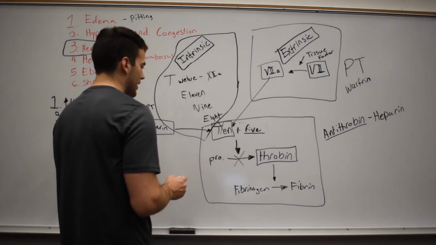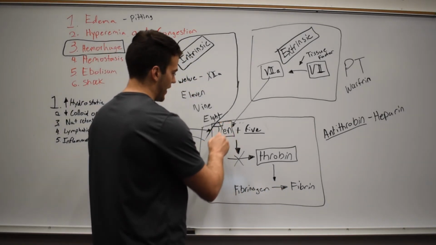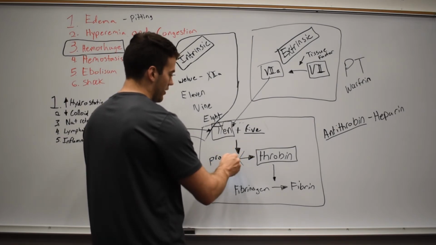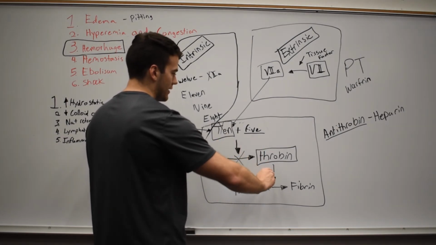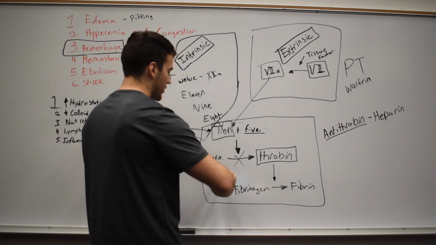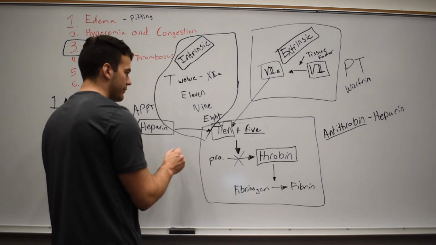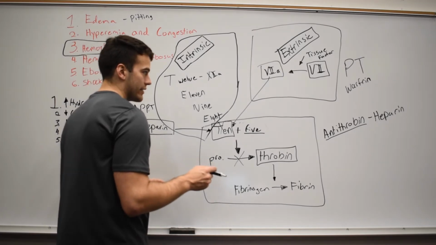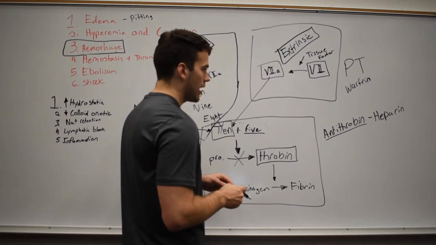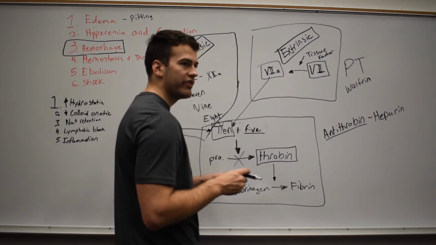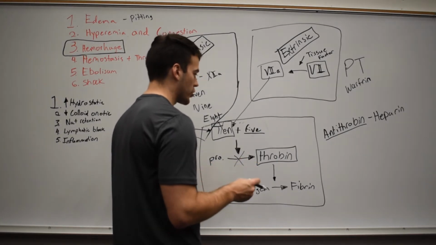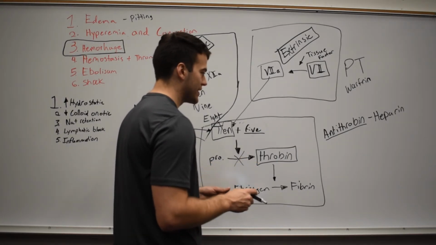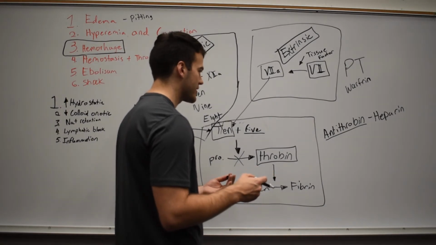Well, heparin is going to come along and it's going to block factor 10. So you can no longer get any of this. It's also going to act upon this molecule called antithrombin. So antithrombin is a way of your body controlling the amount of thrombosis made within your system.